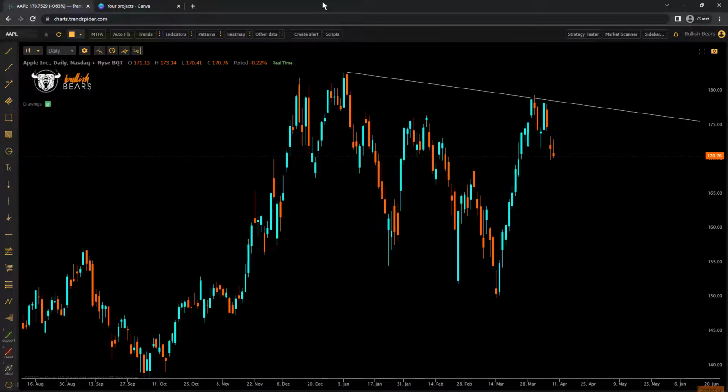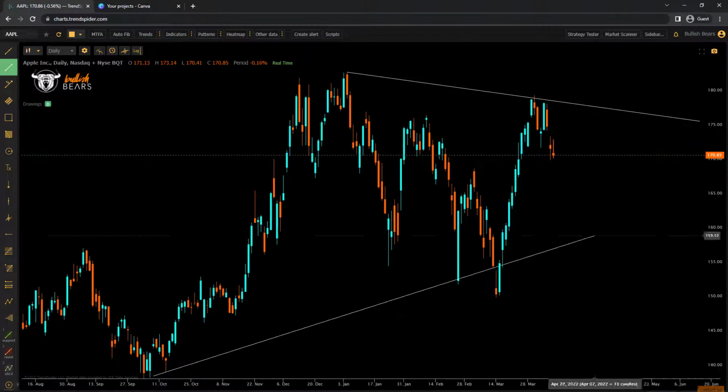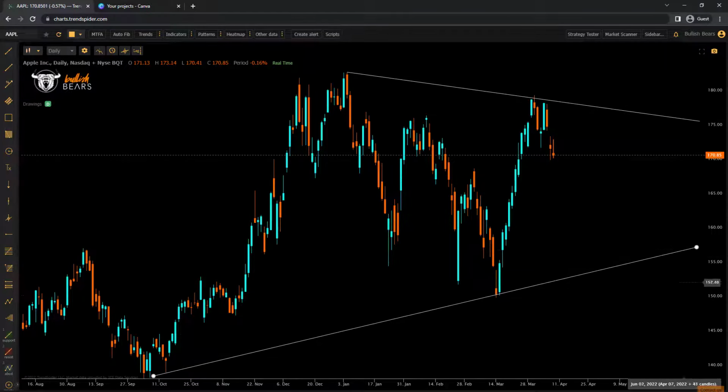So now other terms I want to talk about are angular support and resistance levels. There's angular support, angular resistance, right? So you can see down here, here's a base right over in here. This would be angular support, right? So I can draw my line out to the future right over here.